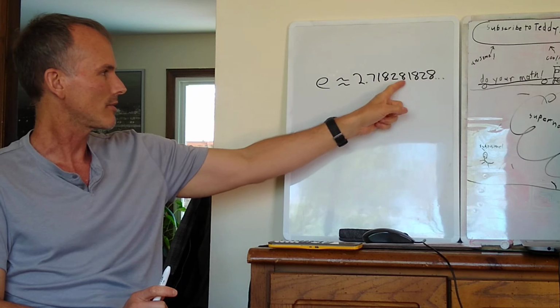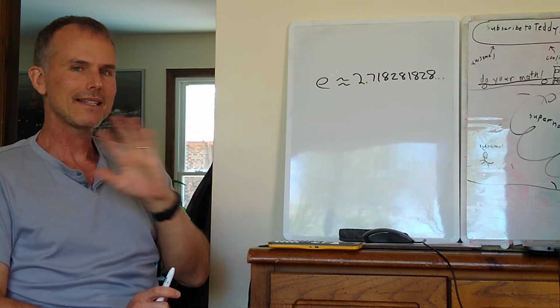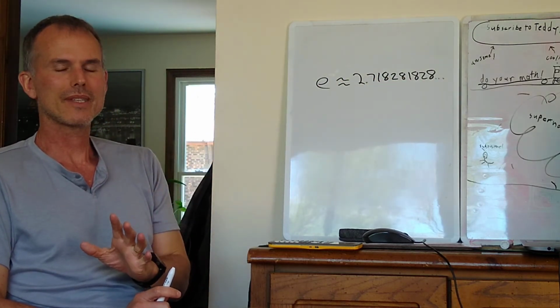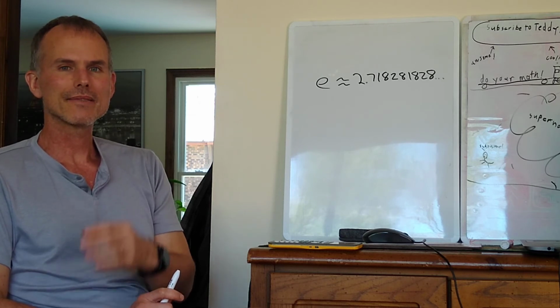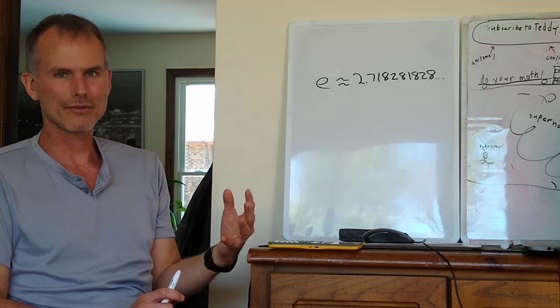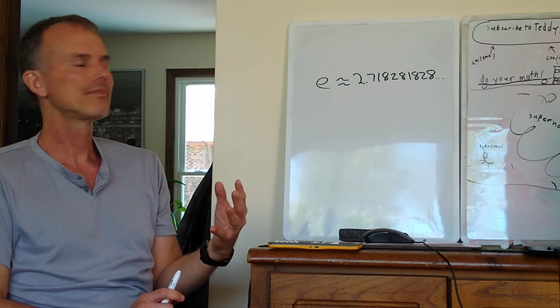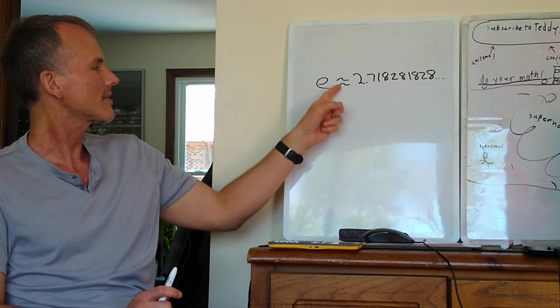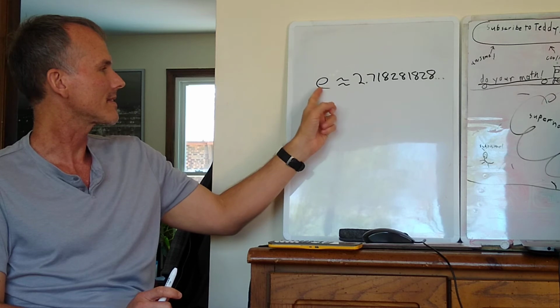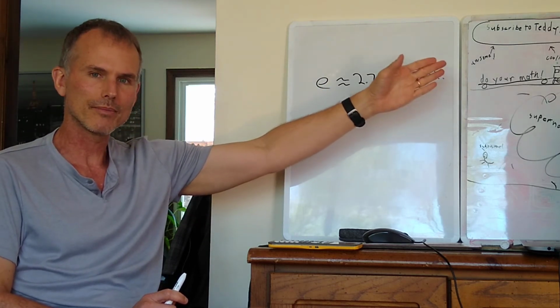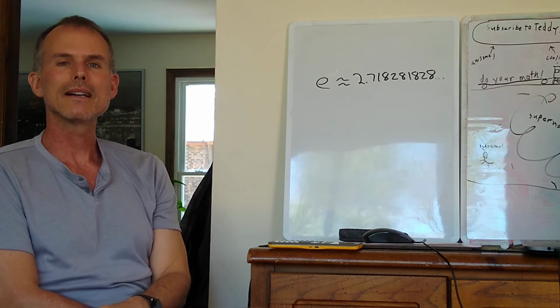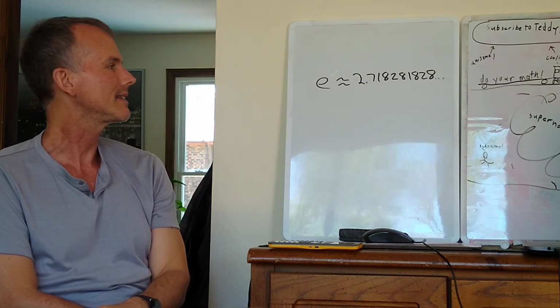If you've got 18281828, it doesn't repeat. e is irrational, much as the number pi is irrational. Okay? Yeah, and so I didn't put e equals this because e is approximately this. The decimal places would go on forever without repeating.